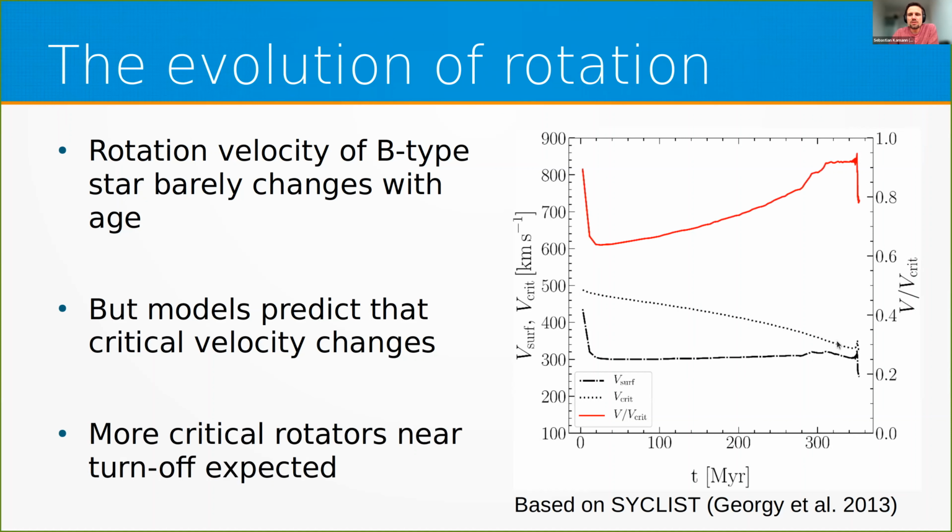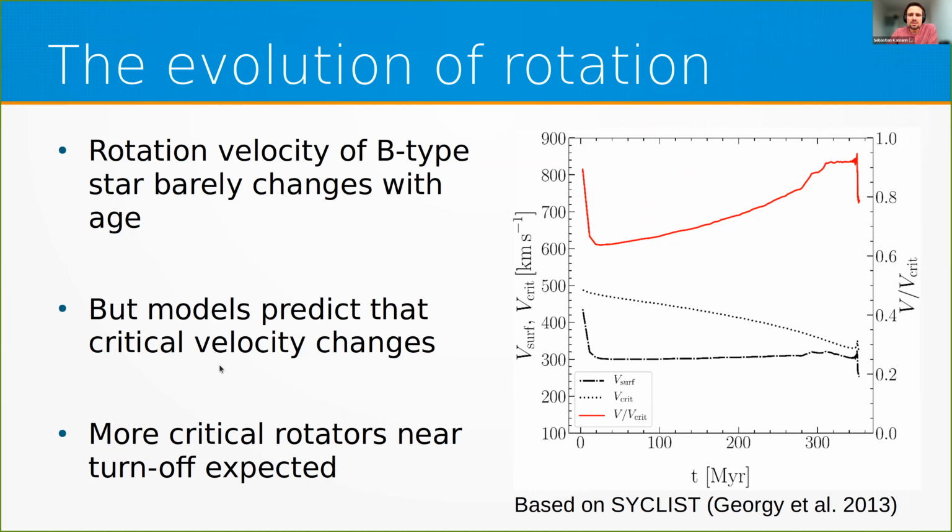And if you take the ratio of the two, then you would find automatically that as a function of main sequence lifetime, the ratio between the actual rotation velocity and the critical rotation velocity increases. And that even if at the age of NGC 1850 of 100 million years the star isn't rotating critically, it might be doing so at the end of its main sequence lifetime. So something very similar has been done in a study by Ben Hastings et al.